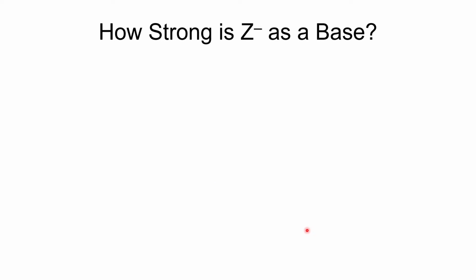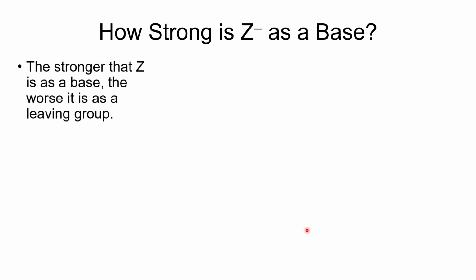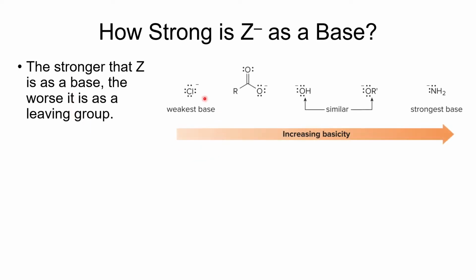So let's look at how strong is our Z, our leaving group, as a base. And so we're going to find that the stronger Z is as a base, the worse it is as a leaving group. So our weakest base of these substituents that we were talking about is chlorides.